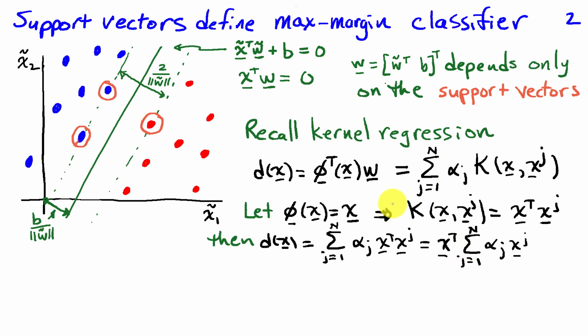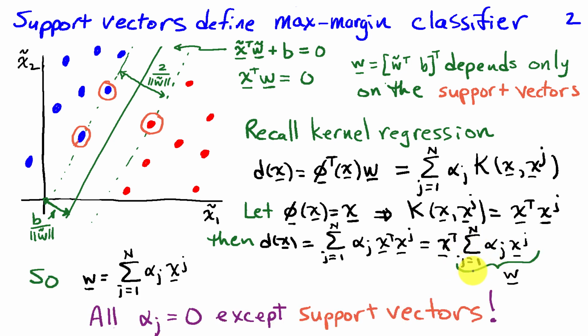Well, let's apply this kernel representation for regression in the case where we don't have a higher dimensional feature space. In other words, where we let phi of x be equal to x. In this case, the kernel is just the inner product between x and xj, and we see that d of x then becomes the sum from j equals 1 to n alpha j times the kernel, which is x transpose xj. x here does not depend on j, the index of summation, so I can pull that out and write d of x as x transpose times this sum of alpha j xj.